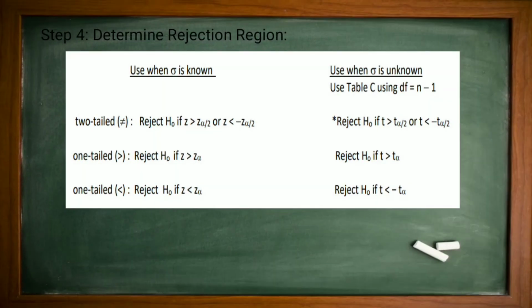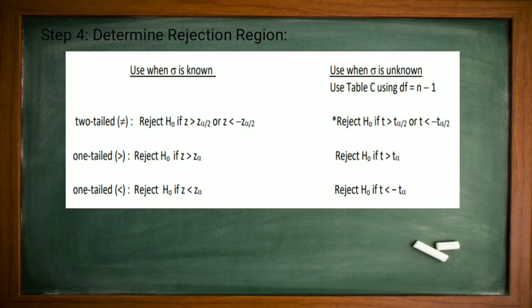Okay, proceed po tayo sa step 4. Determine the rejection region. Okay, so dito po, meron tayong use when the standard deviation is known and use when the standard deviation is unknown. Okay, so sa ating standard deviation is known, meron tayo dyan two-tailed.